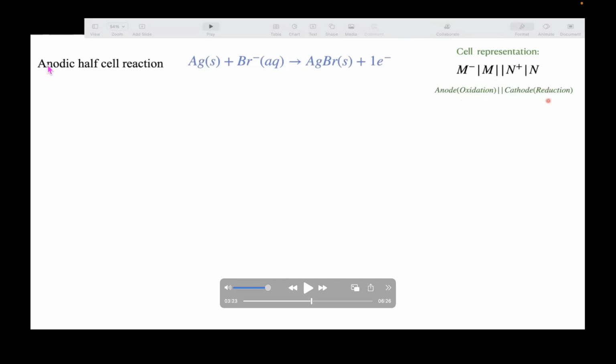Now to come back to our question, we have the cell as this: silver, solid, and then Br negative aqueous, and then the product as AgBr, which is also solid, and there is a loss of 1 electron. So this is an anodic half cell reaction where oxidation is happening.